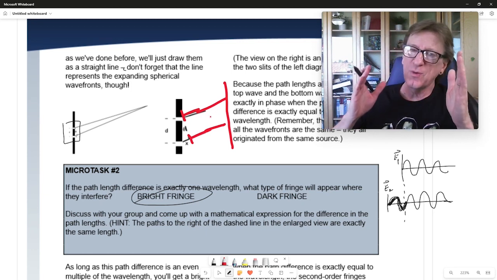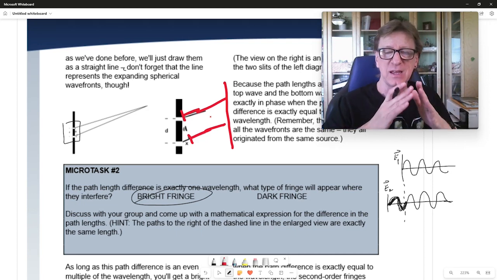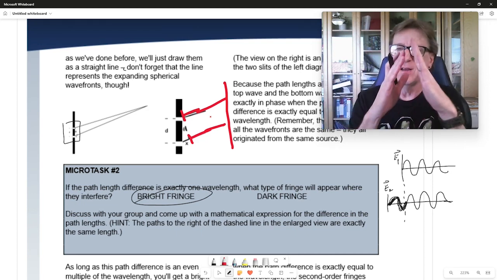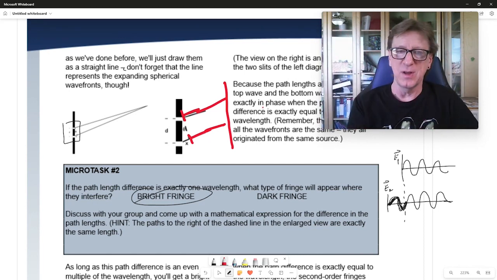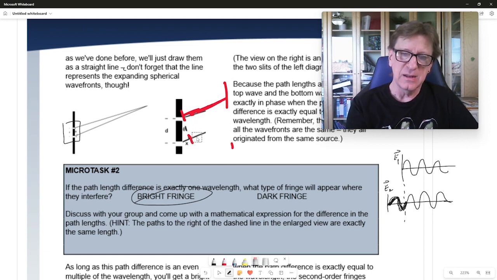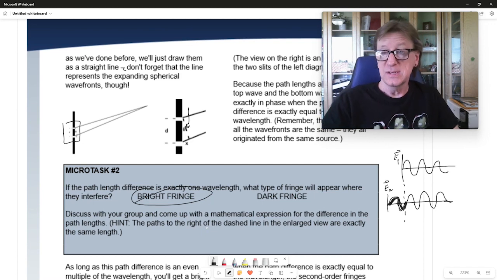Well, remember the small angle approximation. If that angle is very, very small, and it's a long way away, then I can consider them to be parallel. But the key thing we want to recognize is that everything to the right of that dashed line is all the same length.